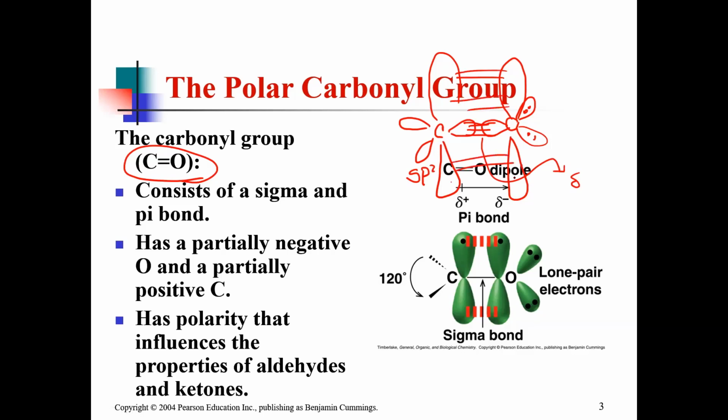The side-by-side overlap is not very efficient, not very effective. So these side-by-side overlaps are called pi bond. This is half of the pi bond on the top, and the other half of the pi bond is below the plane of the molecule. Because pi bonds are not overlapped very well, they're very reactive, they easily open up. So this is another way of showing side-by-side overlap between p orbitals making a pi bond.